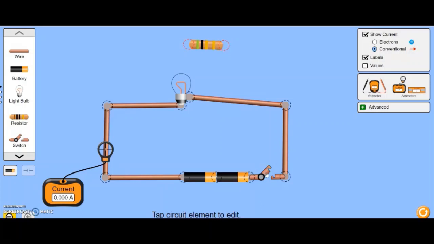See, the current started to flow. Now see the value: this is a 10 ohm resistance, and the current flowing is 0.6 ampere.